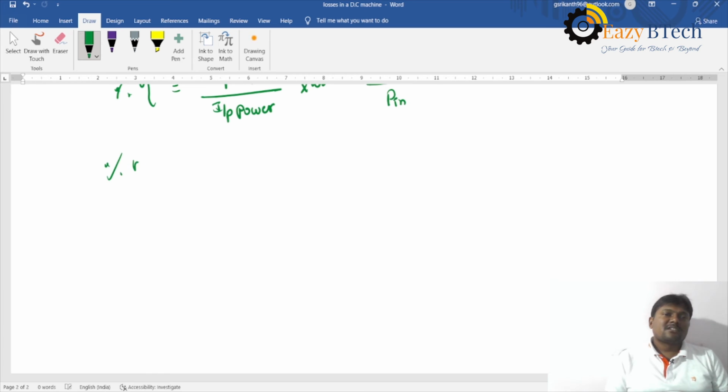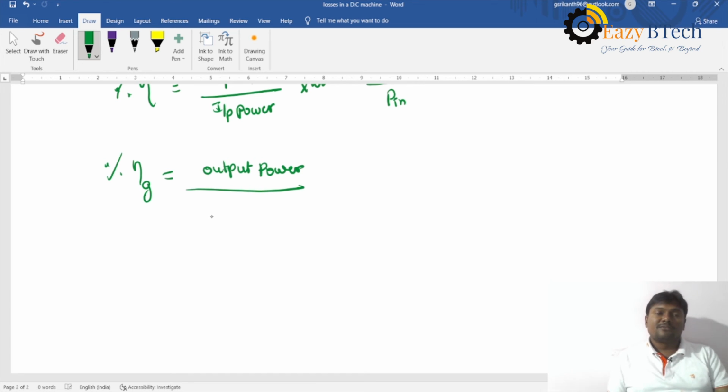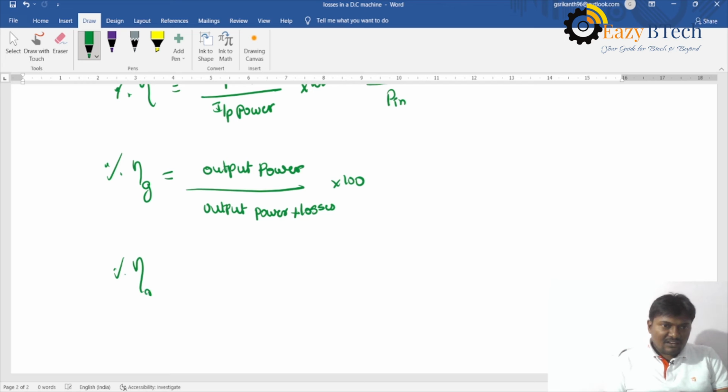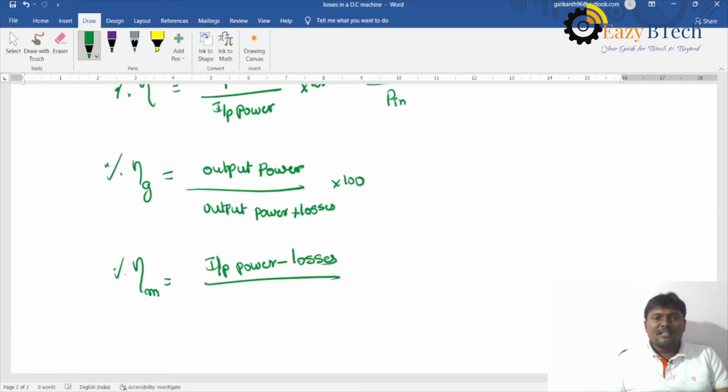Coming to the percentage efficiency of a generator: output power divided by, in electrical terms, output power plus losses, into 100. For the percentage efficiency of a motor, it is input power minus losses, divided by input power, into 100.